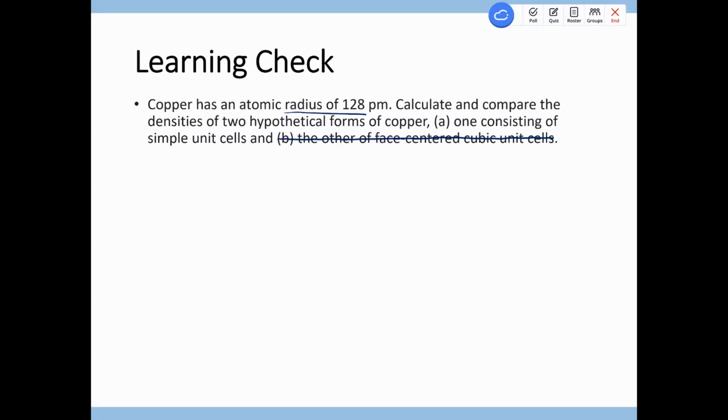Okay, so what do we do? Well, we're looking for density. Remember that density, the Greek letter rho, is mass over volume. Mass is grams of copper. And we're looking at the density of a unit cell, so we need to find grams of copper per unit cell.